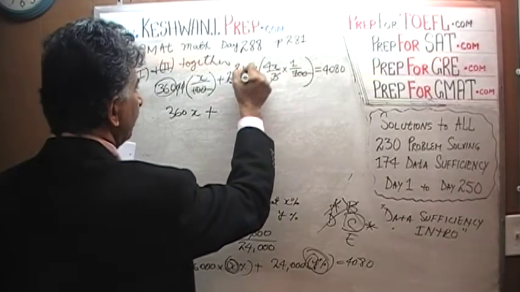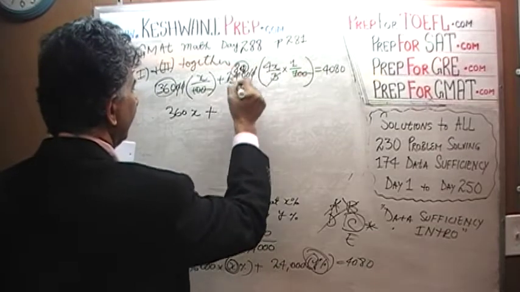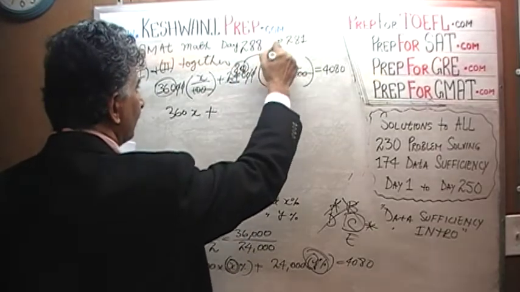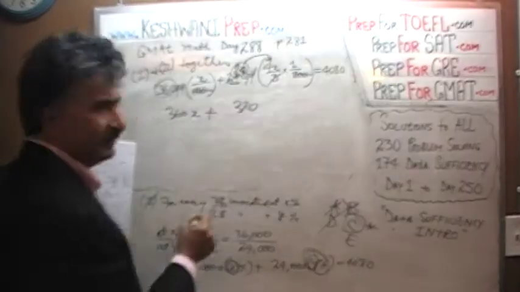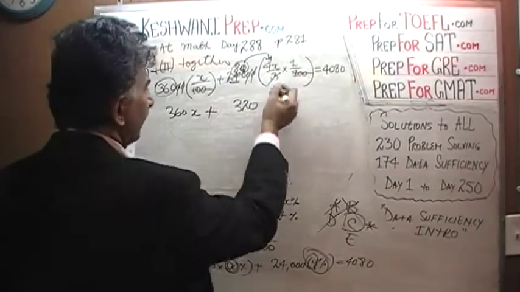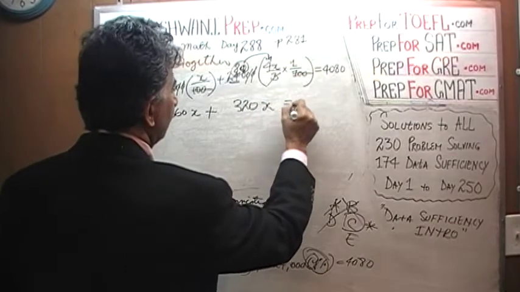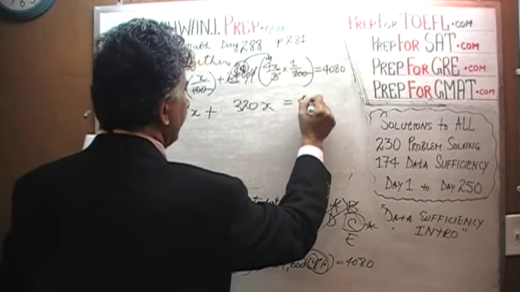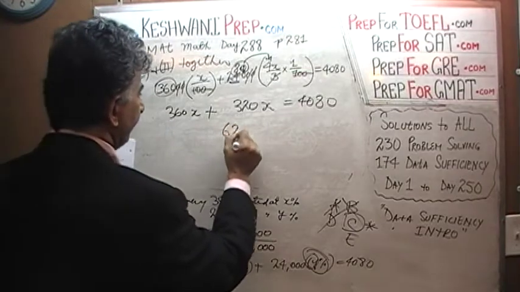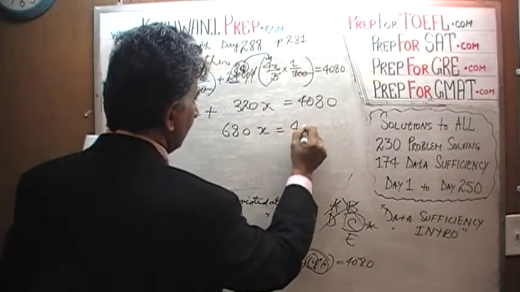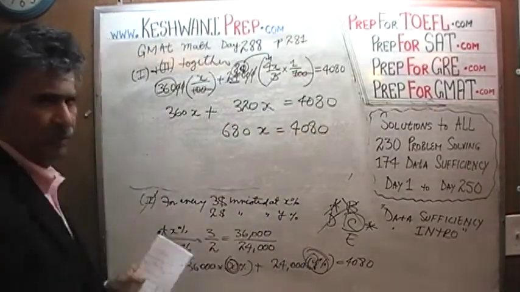But don't forget we have another 0 here, so this is 80, and it's 80 times 4, which is 320. This is not something you want to do in a real exam. Times X equals 4,080. We are almost done. 680X equals 480. The rest you can figure out on your own.